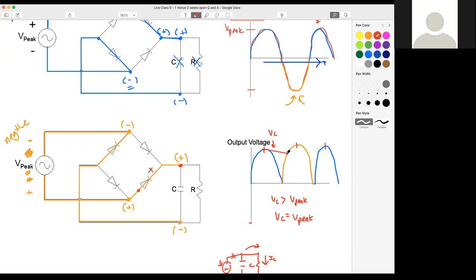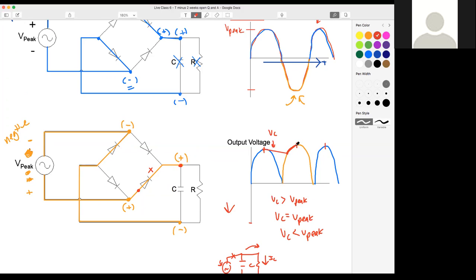So now as our output voltage grows, it's going to be greater than our capacitor voltage, or you can say our capacitor voltage is going to be smaller, and our capacitor is going to pull a current again and start charging. So that capacitor voltage is going to follow our output voltage.